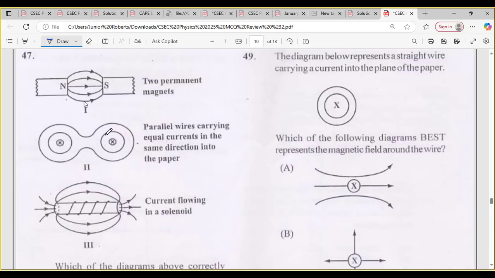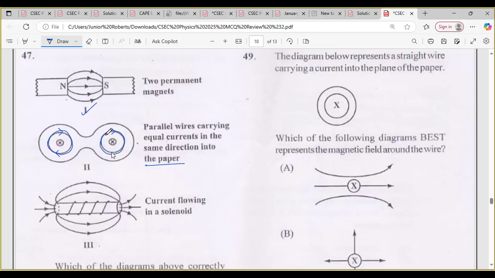So north to south, yes, that is true. For this one, we have two conductors in parallel carrying current into the page. The magnetic field around them is going to be anti-clockwise, which we can determine by using our right hand grip rule.